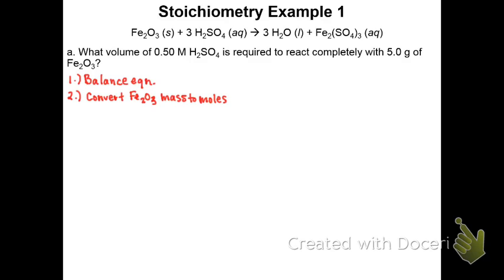And then the next step is to convert the mass of iron oxide to moles. So to do that, we need the molar mass of the iron oxide. And so we can calculate that based on the formula of the iron oxide and the molar masses of each of the atoms in it. So from the formula, the subscript of 2 indicates that we have 2 iron atoms. So we're going to multiply 2 by the molar mass of iron.